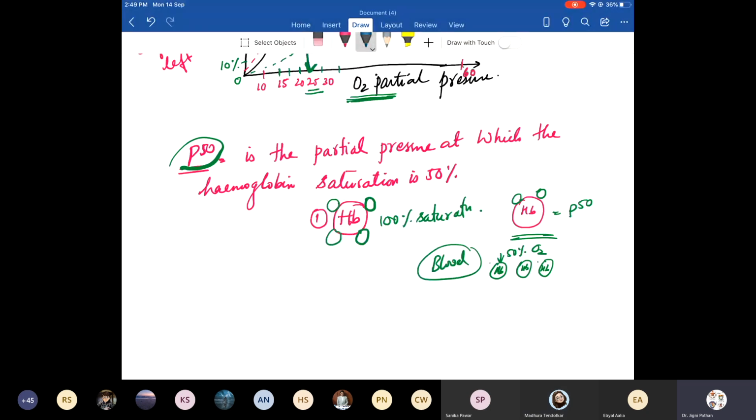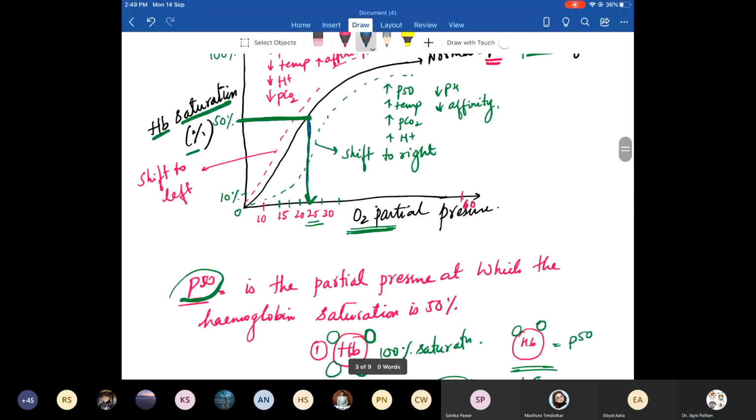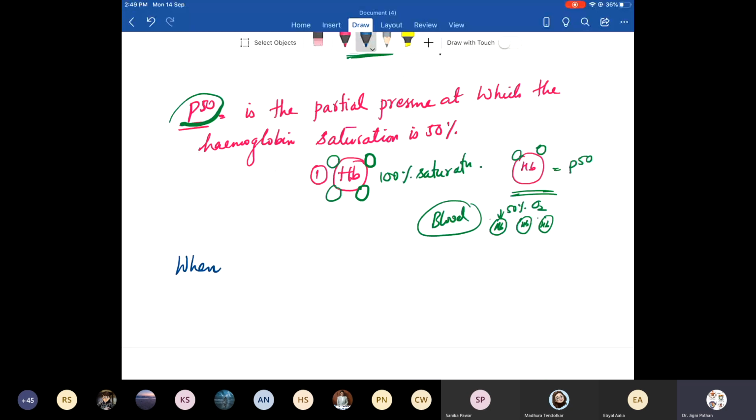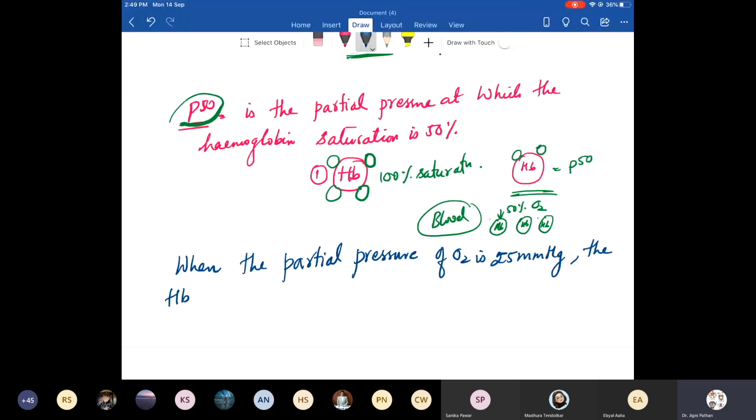Write down: when the partial pressure of oxygen is 25 mmHg, the hemoglobin gets saturated to about 50%.